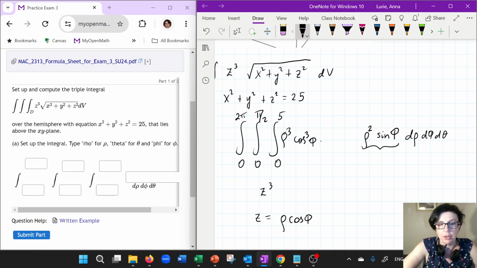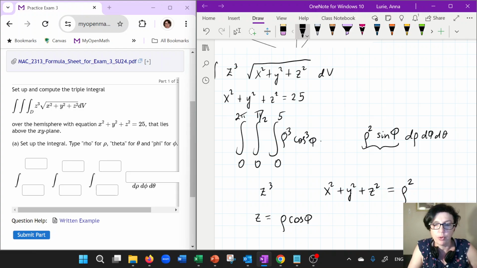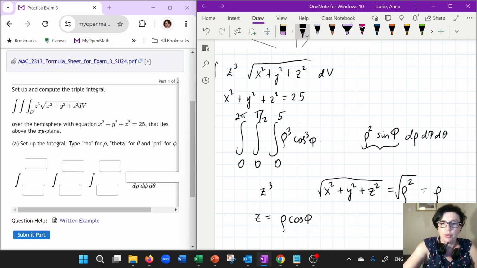In spherical coordinates, x squared plus y squared plus z squared always becomes rho squared. That comes from the first trigonometric identity, using it a couple of times, so you can show that. And here we have the square root of that, so the square root will just become rho. That's an extra rho to integrate.